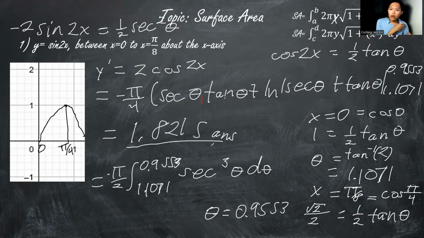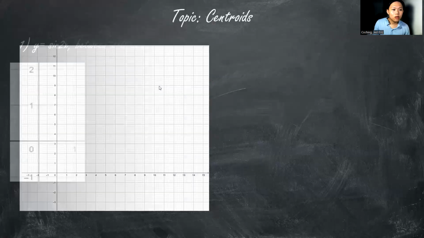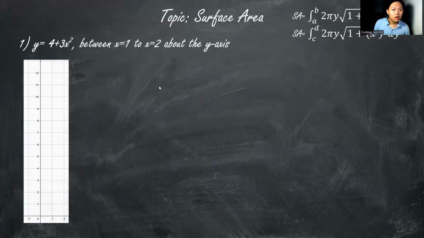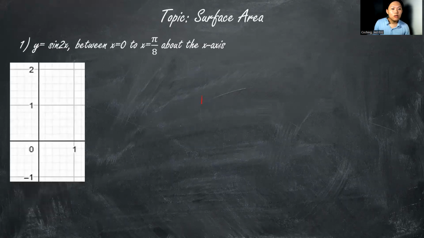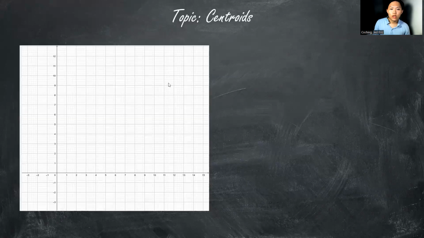This was a very long one, so let's move on. Let's clear all. Oh yeah, that was number two. I thought it was number one. Okay, let's move on to another topic.